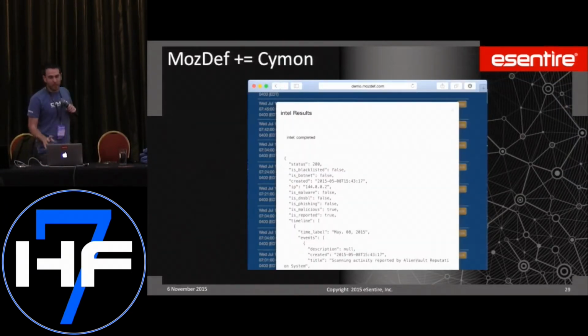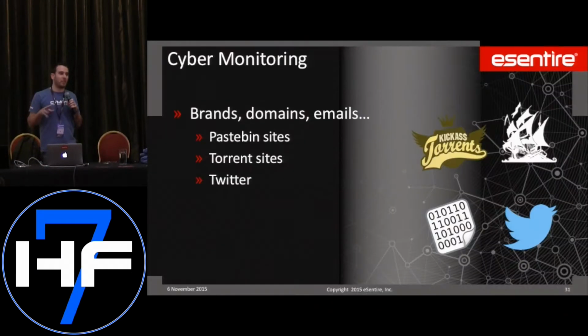All right, so we talked mostly about the threat intelligence portion of IP addresses, domains and hashes. The other aspect of Cymon is monitoring of brands, emails, and so on. As of yesterday, I'm happy to announce that this is now open to the public.